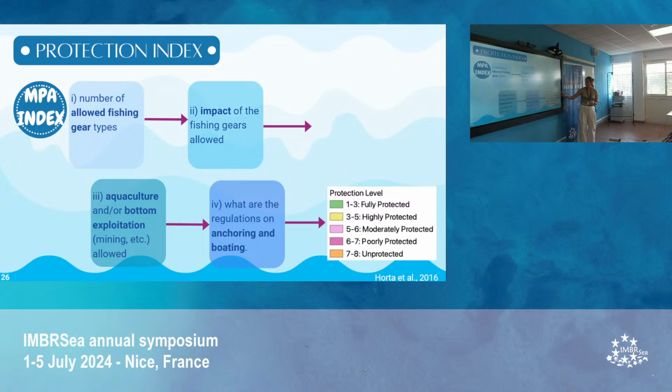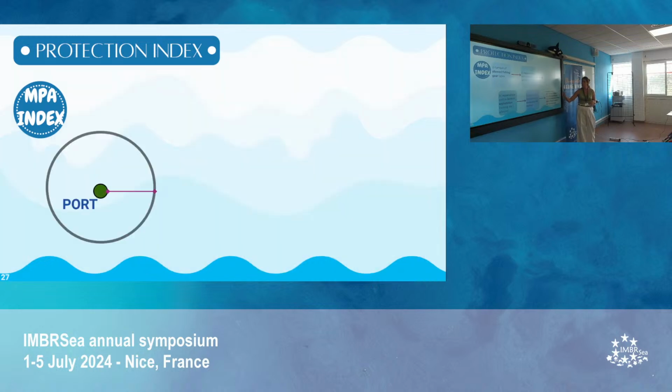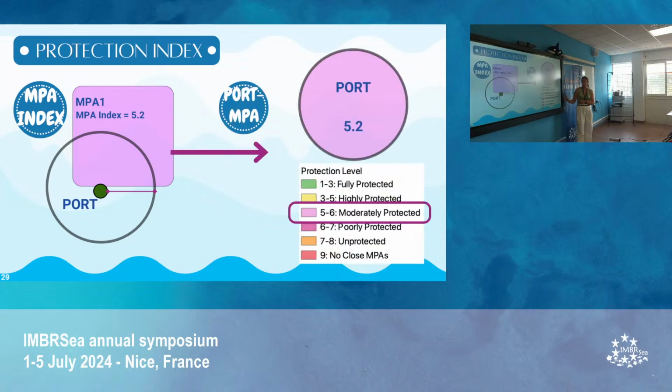With this index assigned to each MPA, of which I had 24 in total, I was able to assign a port protection index. I did this with the 30-kilometer fishing radius, which I mentioned before was the area the fisheries used from the port. If an MPA fell within this area, then I was able to assign this port a protection level.